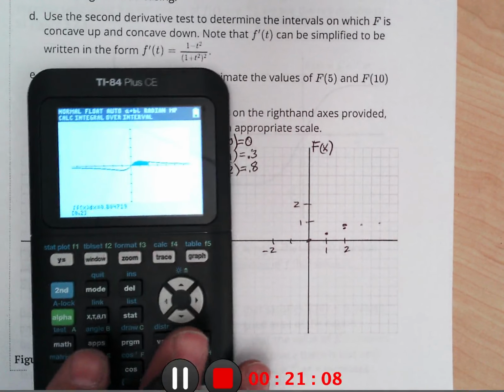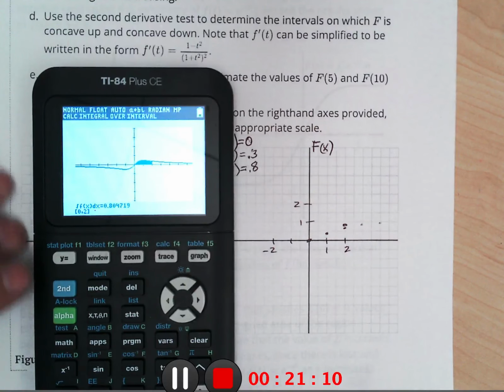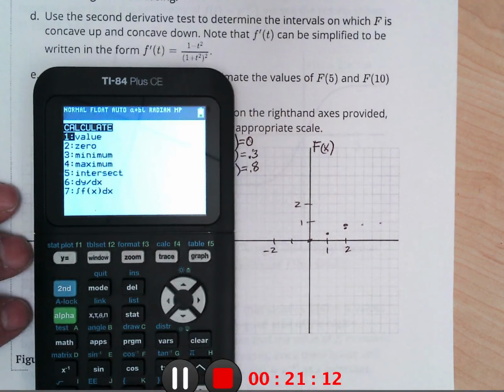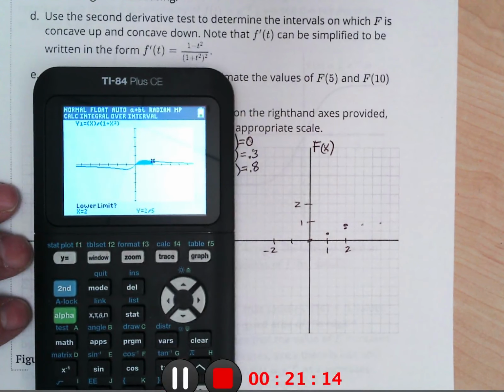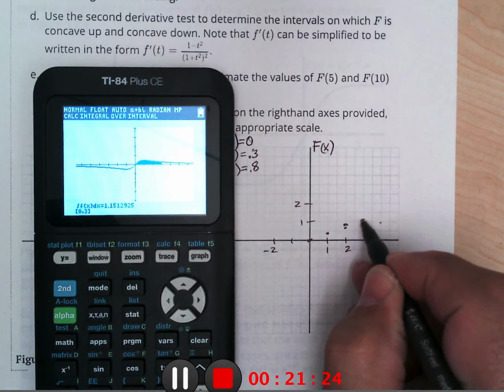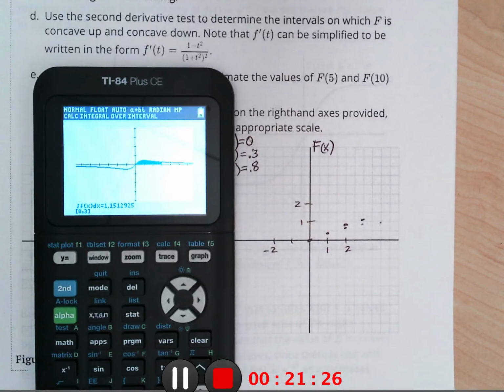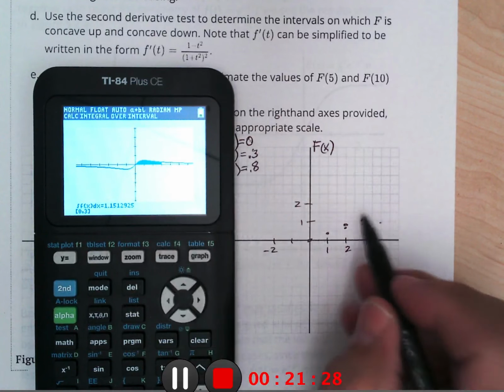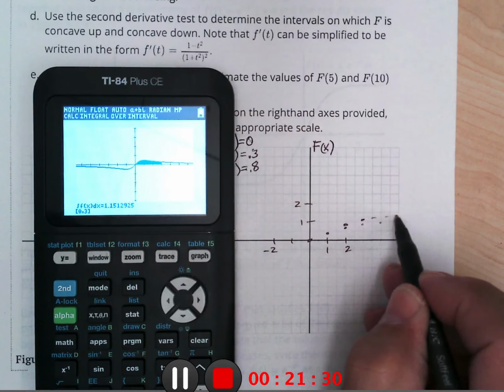And F of 3, by going second calculate the area from 0 to 3, and that's 1.15, so it's a little over 1, higher than what I had. And there's still area being added, so it's going to kind of keep going up, but not a lot.